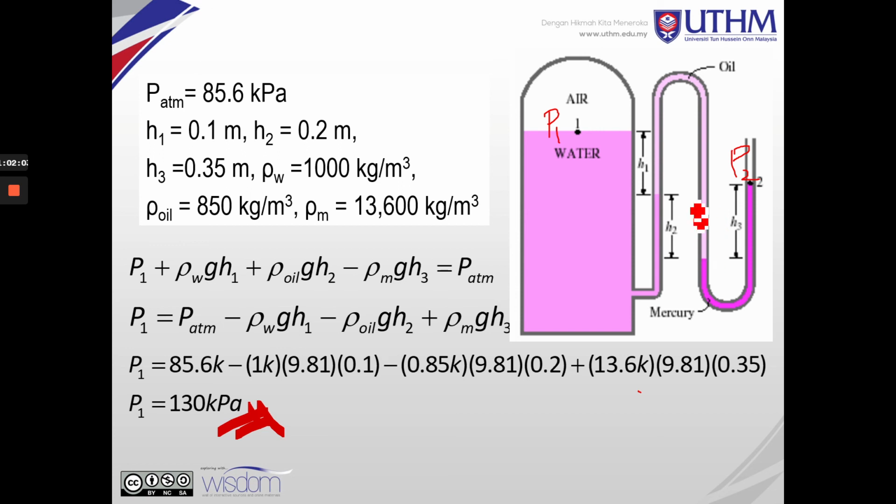So we get the answer using the multi-fluid equation.